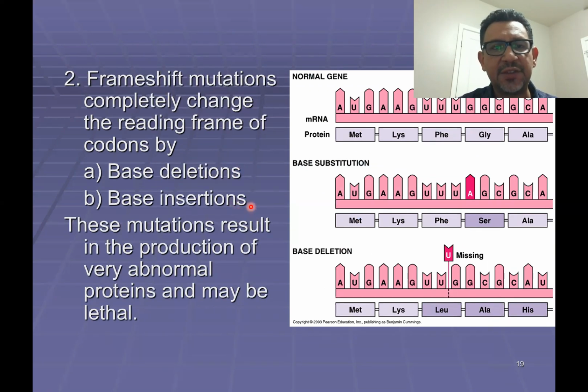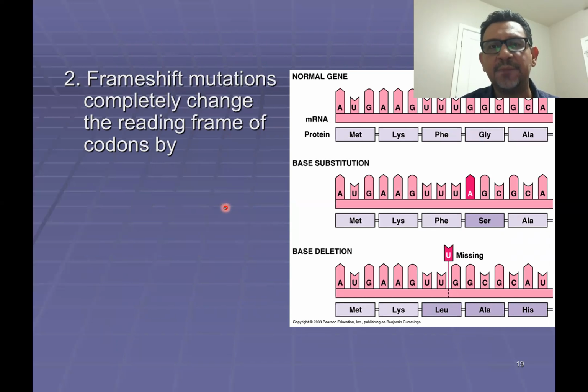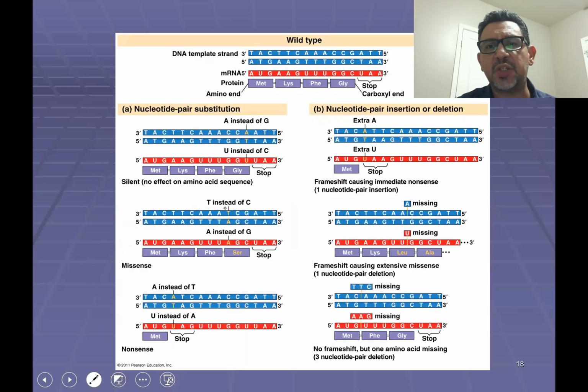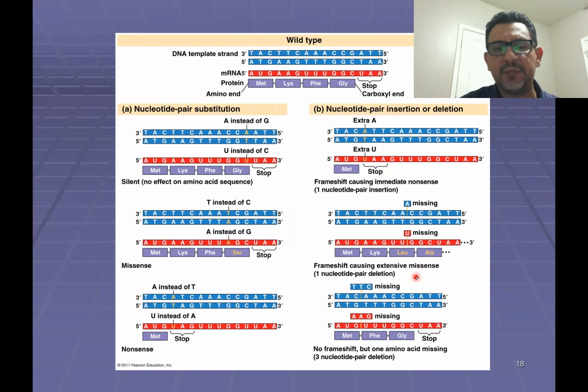These are going to be detrimental mutations because they will usually result in the building of a polypeptide that will not function, will not be folding the right way. And again, on this illustration, you can see consequences like the early stop codon, the nonsense, or extensive missense as well.